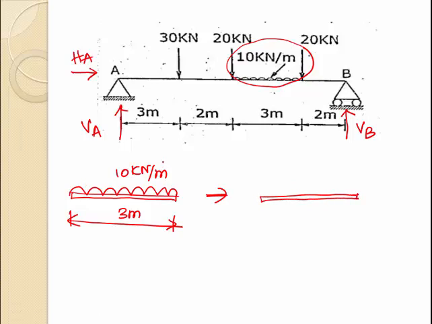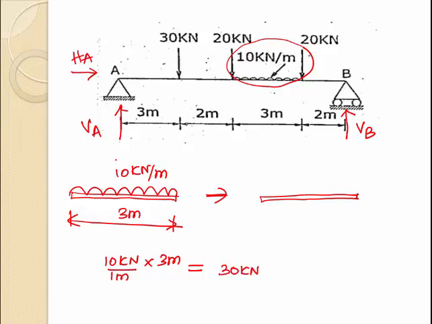So here the UDL of magnitude 10 kN per meter is considered, that is per unit length, that is per 1 meter length of the beam the magnitude of the UDL is 10 kN. So here the UDL is acting over the length of 3 meter. So per meter the value is 10 kN, so for 3 meter the value is 30 kN.